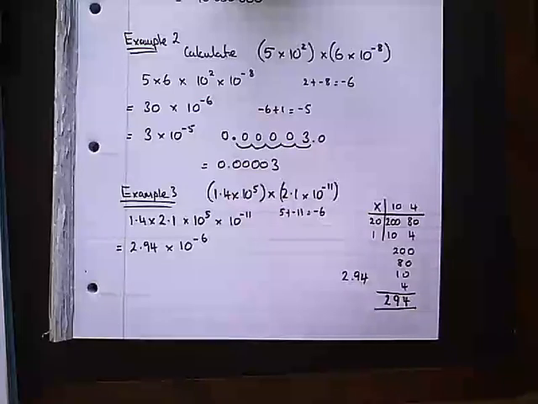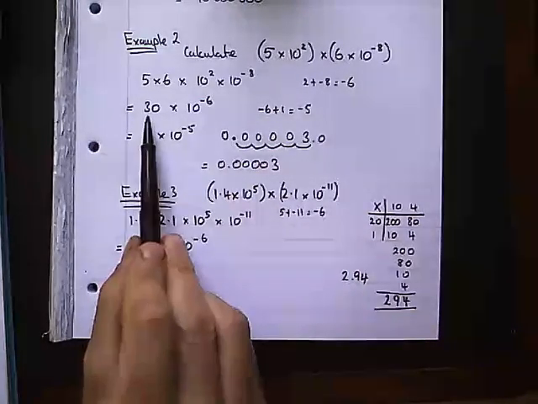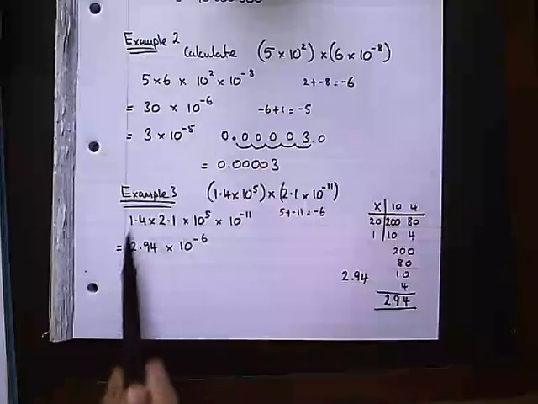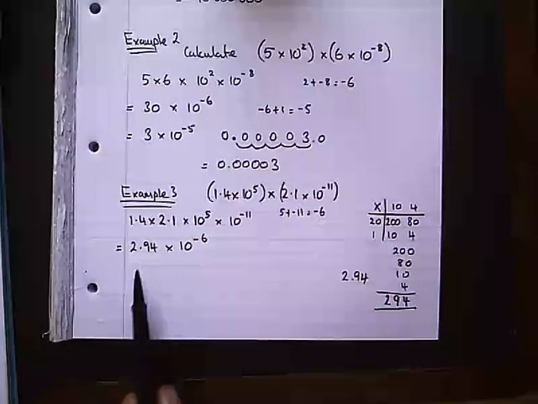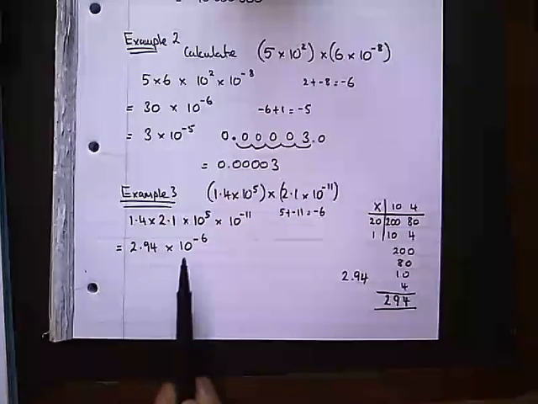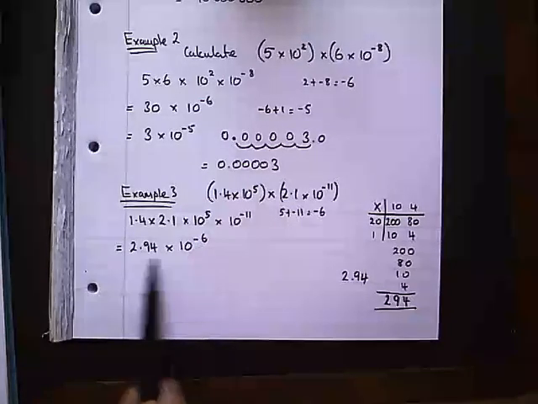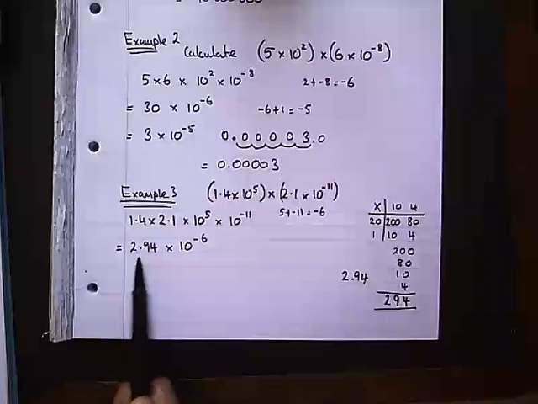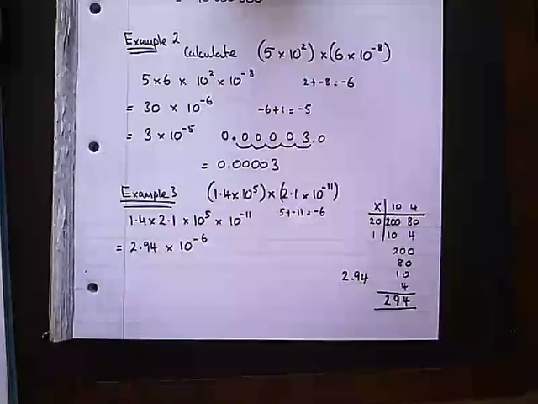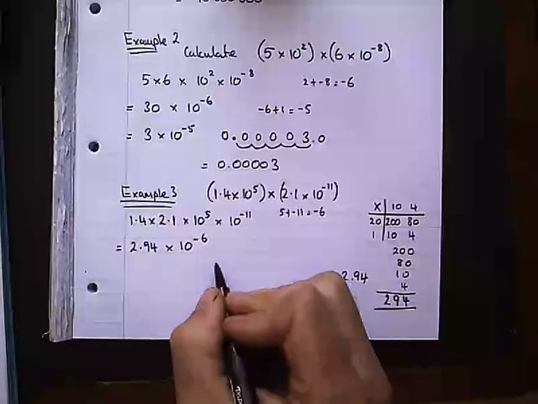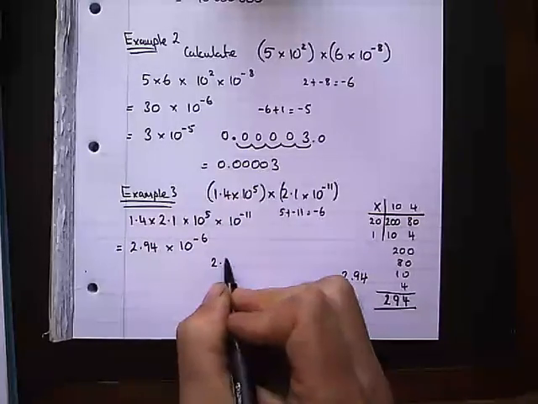Right, to write this as a number, I don't have to do this taking a 10 away and adding a number to the power this time, because this number is between 1 and 10. So I need to turn this into a number as well, because it's a minus, then I'm going to have to move the decimal point to the left 6 times. So we've got 2.94.